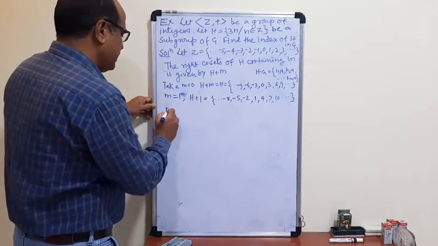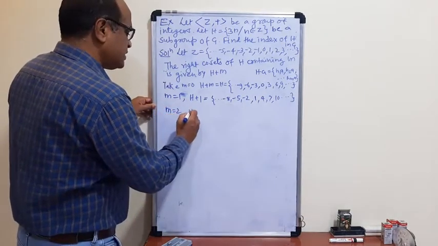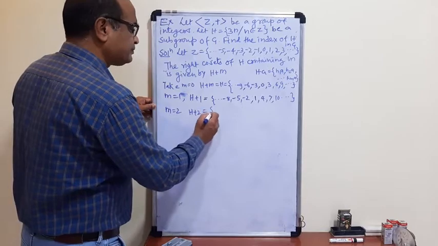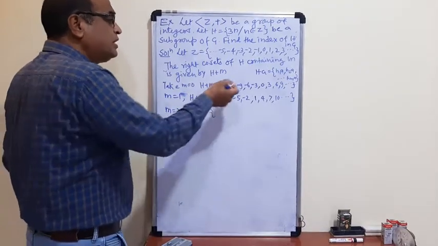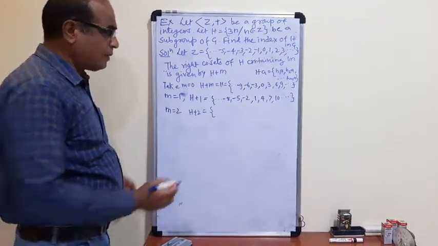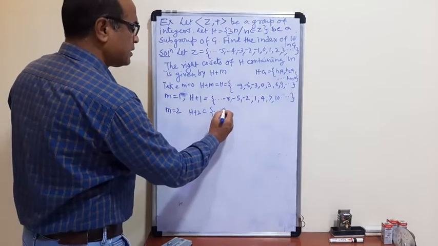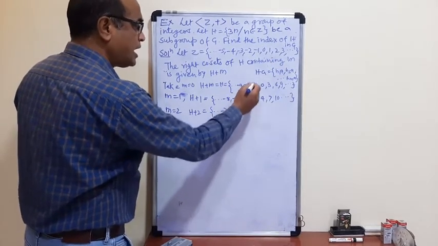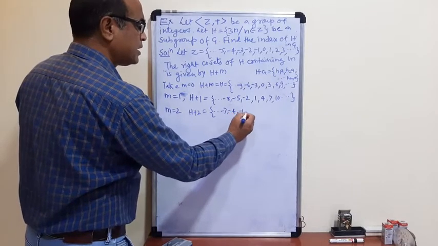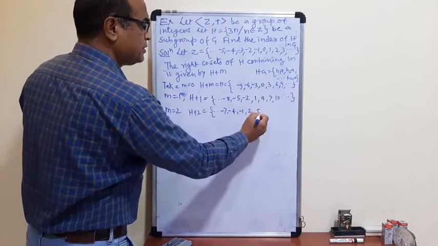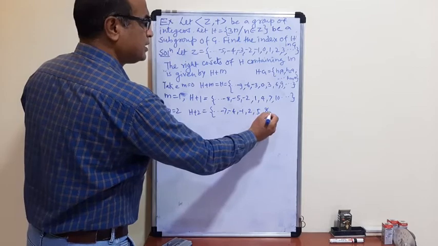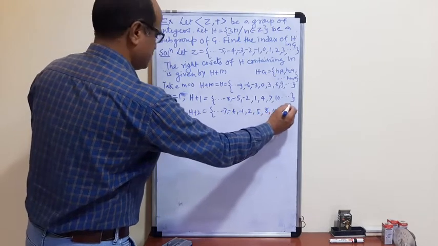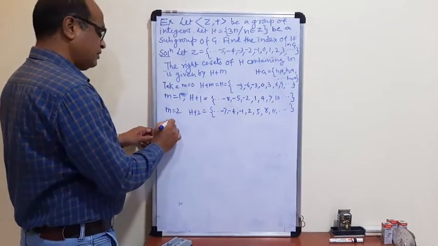If we take M equal to 2, then H plus 2: add 2 to each element. Then we get minus 7, minus 4, minus 1, 2, 5, 8, then 11 and so on. Put M equal to 3.